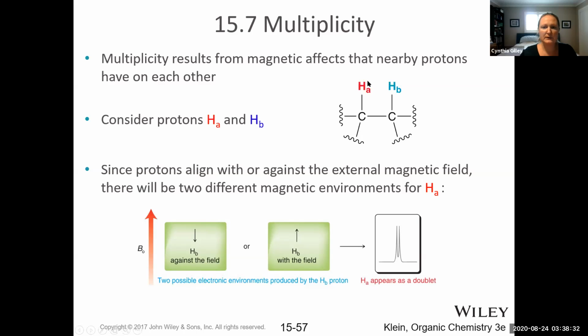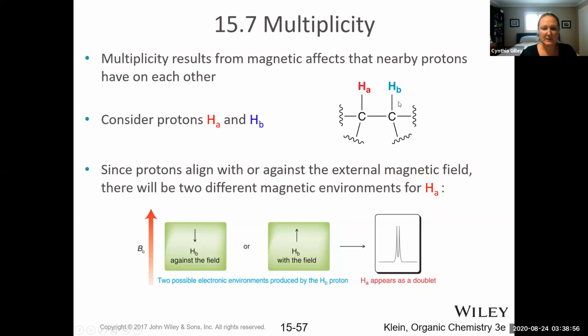Well, these are close enough that the tiny little magnetic moment produced by HB affects the overall magnetic field felt by HA. Because if HB is aligned against the magnetic field, like this, then that's actually going to shield HA a little bit.